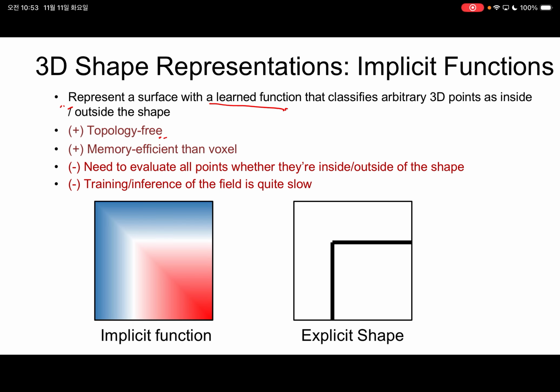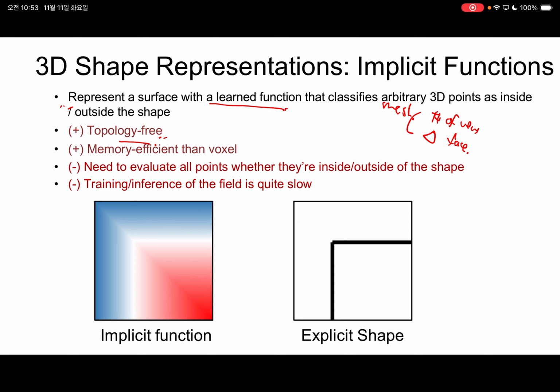A number of vertices and triangle faces. A mesh assumes a predefined topology and does things based on it. But volume or implicit function are topology free. It can represent any shape with a function.